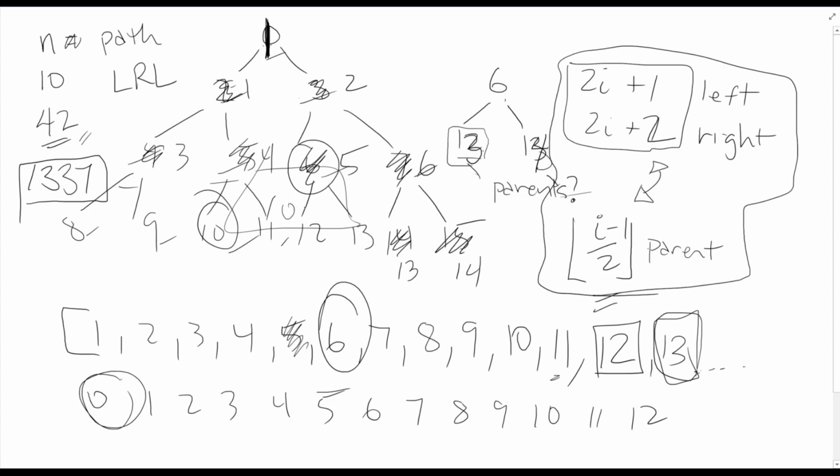So you want to figure out a technique, a rule, to figure out the sequence of lefts and rights to get to the position I want. And I'll give you the secret to that in a future video.